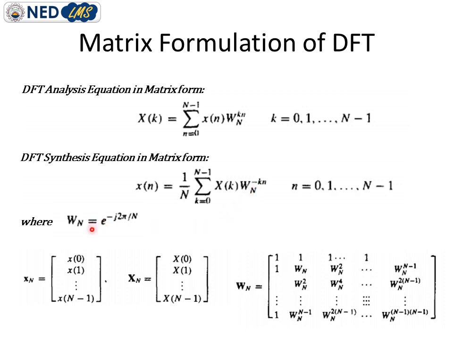And what is basically w of n? It is simply the basis function e raised to the power minus j 2 pi over n. Whatever the value of n here, we will put the same value of n here to get that particular w.